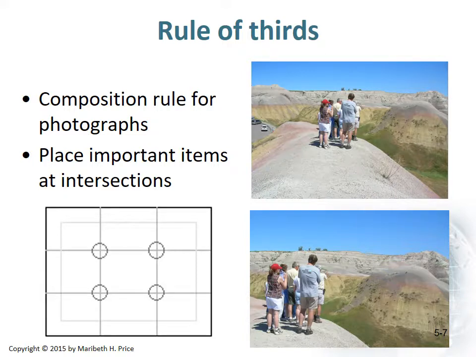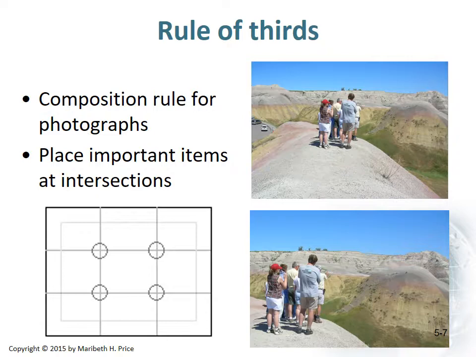So here, the top photo, we're trying to show this group of folks walking through kind of a Badlands area, and it's probably a group of tourists or a weekend class, and they're going out and getting lectured to by someone and looking at the landscape.